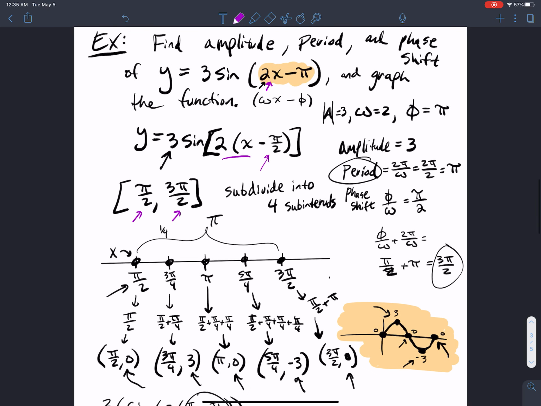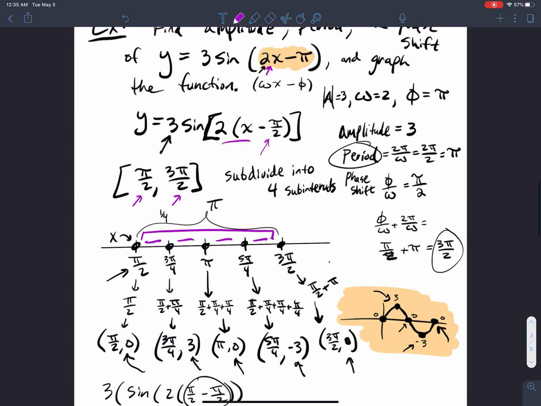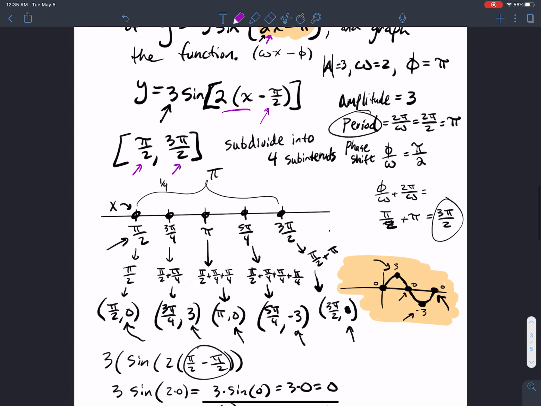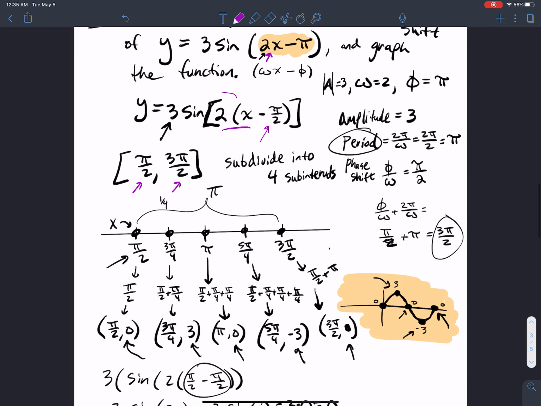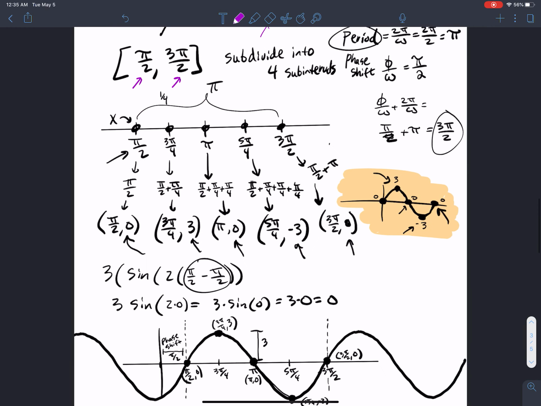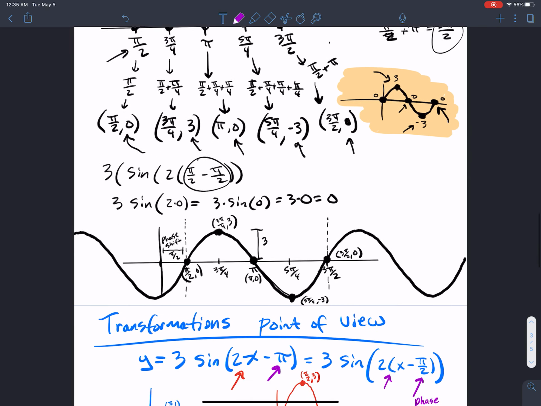Then take your subinterval, divide it up into 4 equal parts, 1, 2, 3, 4. And once you have that, take those values and input them into this function here. And you get your 5 key points. Take those points, if you know the general curve, and plot it out. And then you got it.